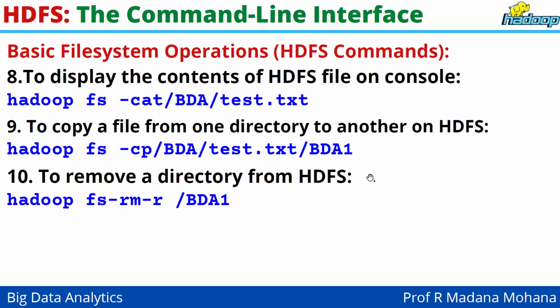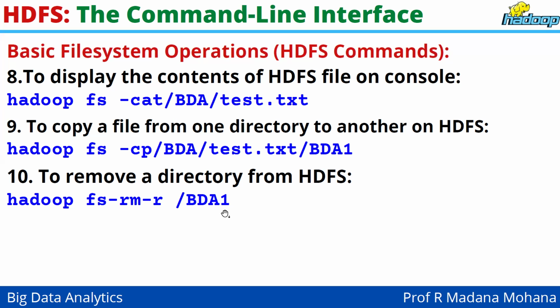We have another command to remove a directory along with files from HDFS. For that we will use rm. So the syntax is hadoop fs -rm -r space slash, then give which directory you want to remove, for example, BDA1.